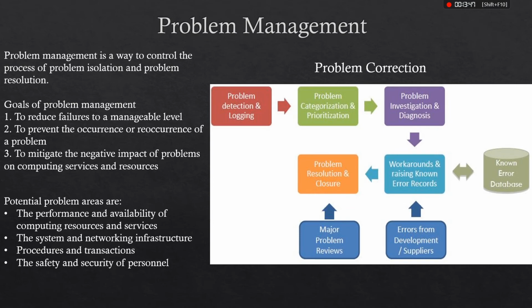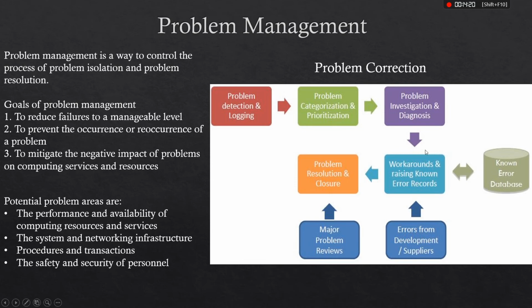So then it is prioritized. Either it's a low priority, or high priority if it causes major problems within the organization, and then an investigation into the problem to see why it's happening, which brings us to how to find workarounds, which leads us to checking a known error record database.